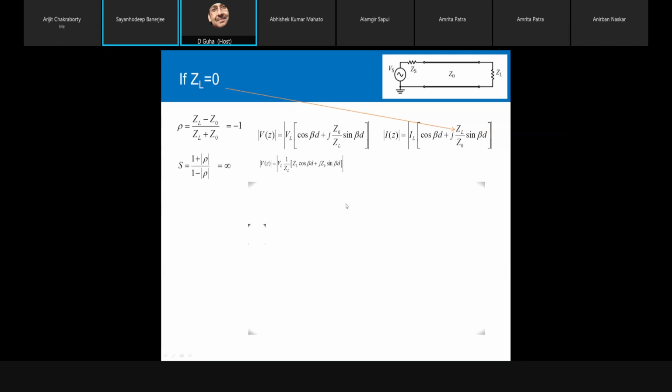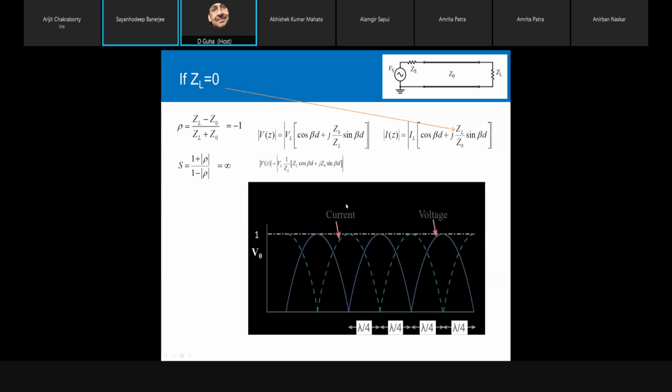Now, I cannot draw, because it is better for you if I show it in the form of the scalar graph. That's why I'm showing it here. You look at the current curve. Your termination is shorted.